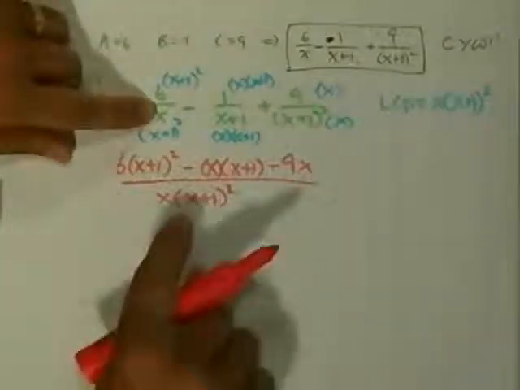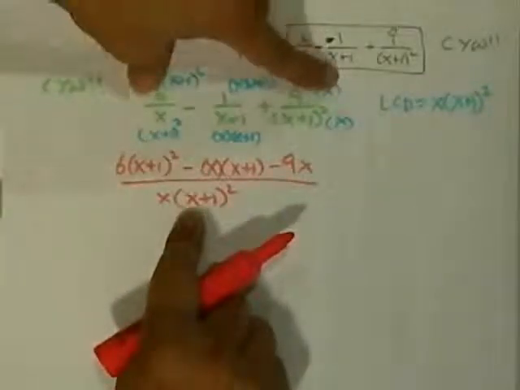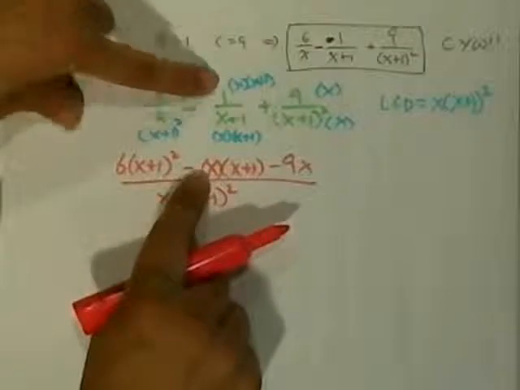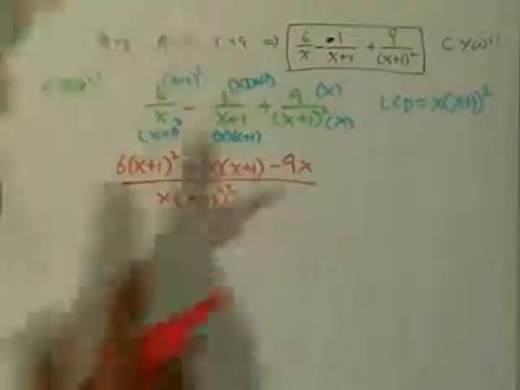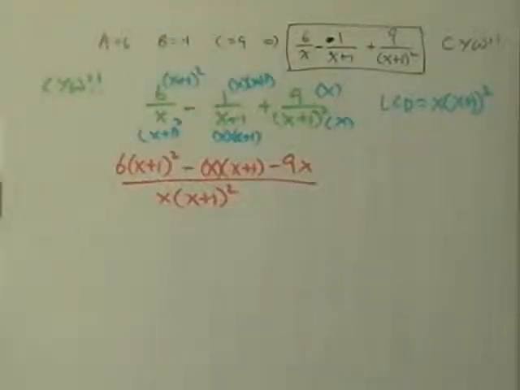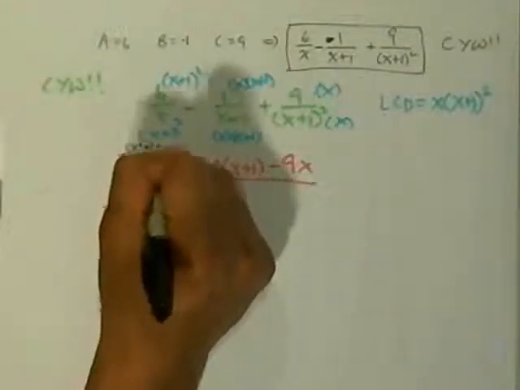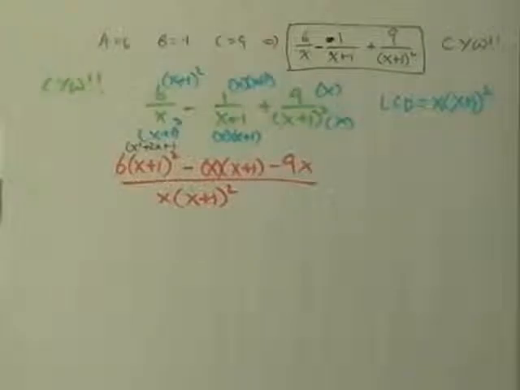So I put this under the common denominator into one single fraction here. 6 times x plus 1 squared minus 1 times x plus 1 minus 9x. I'm going to distribute this out. That becomes x squared plus 2x plus 1 multiplied by 6.